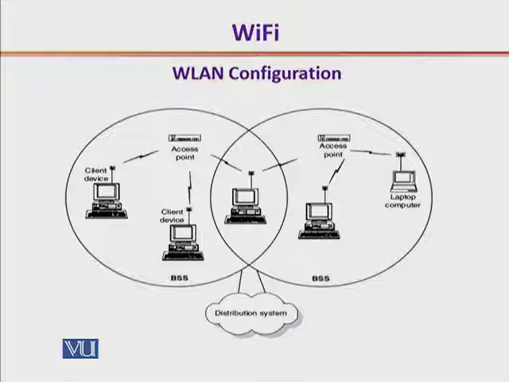For instance, here in the distribution system, we have a switch, and let's say this switch is communicating with these two access points directly. In that case, both of these BSSs are going to form an ESS, extended service set. Using this extended service set, these two basic service sets, along with their nodes, would be able to communicate with each other.